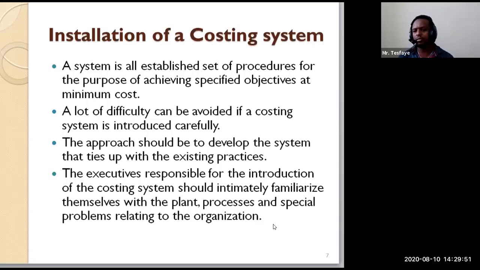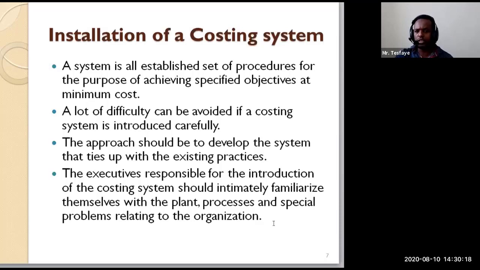So when we establish a costing system in our organization, all stakeholders should be familiarized with the process. Unless they know what to do, it's difficult to achieve our objectives. So that each and every stakeholder should familiarize with the new system.